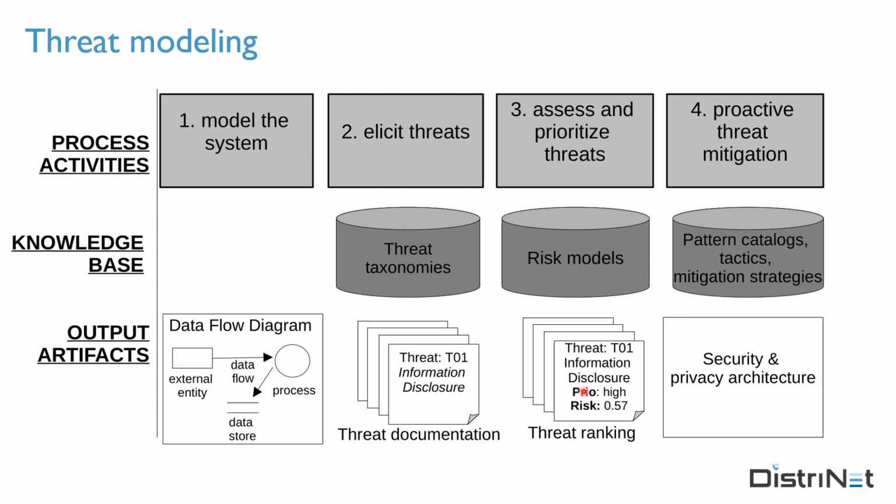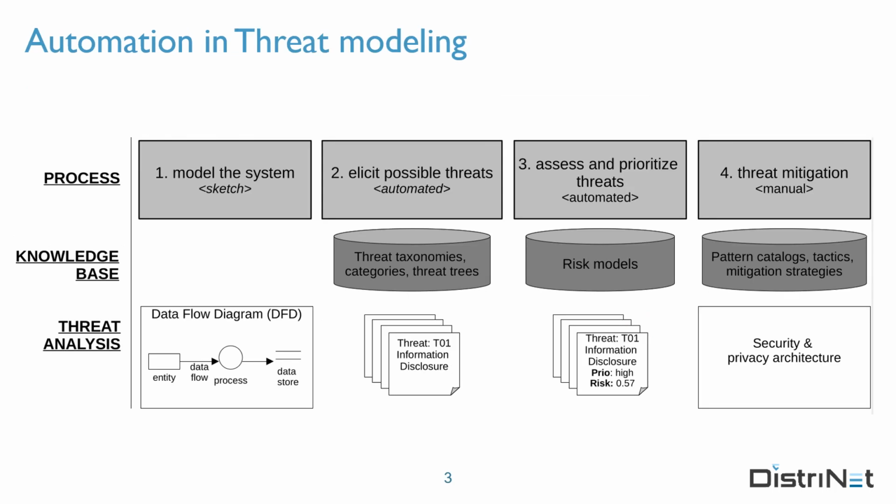In the final step, systematic mitigation is performed, for example, by selecting architectural patterns for security or tactics, privacy-enhancing technologies, building them into the system. And so in this sense, threat modeling and threat analysis also contributes to the privacy and security architecture of a system.